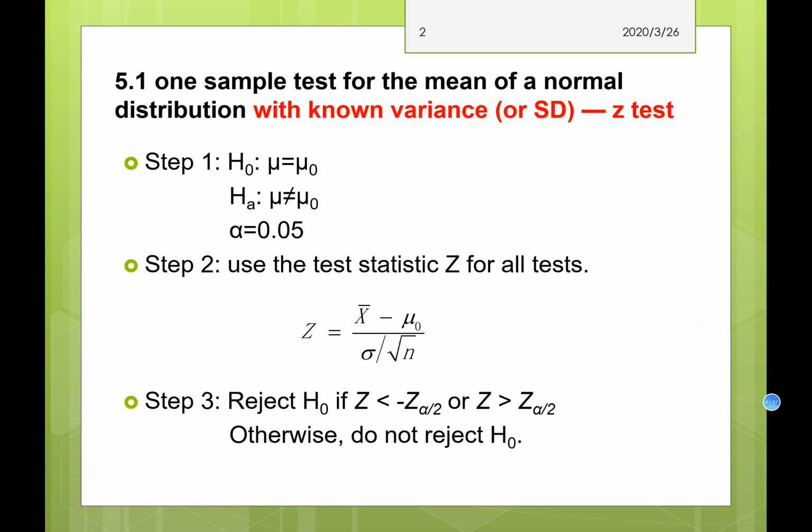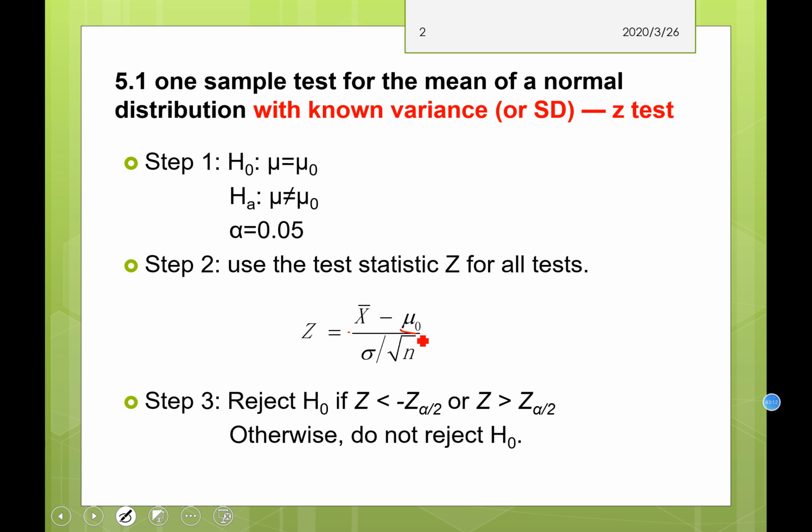This mu, we can find that it's not mu, it's mu 0. So what's the meaning of mu 0? That is the population mean of the given population. We said that when we are trying to solve a question about one sample test, there will be a given sample and a given population.